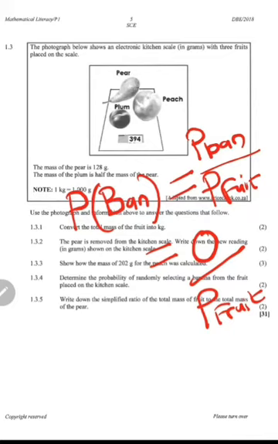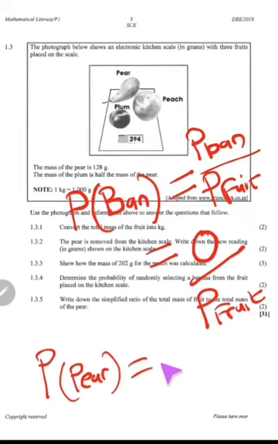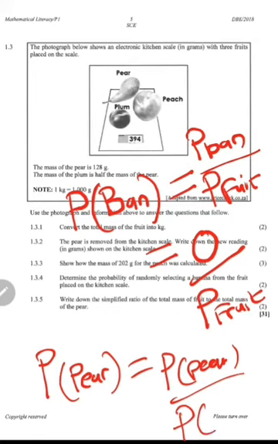Now, if the question would ask me the probability of selecting a pear, then I would have answered this way. The probability of a pear equals pear out of all the fruits.